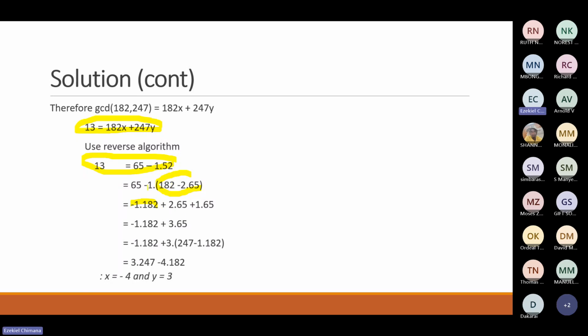And then if you multiply minus 1 times minus 2 times 65, you are just going to get positive 2 times 65. That's why we are having this one. And then you add with this 65, it's as good as 1 times 65, because the coefficient of this one is 1. So if you add 2 times 65 plus 1 times 65, you are going to get 3 times 65.